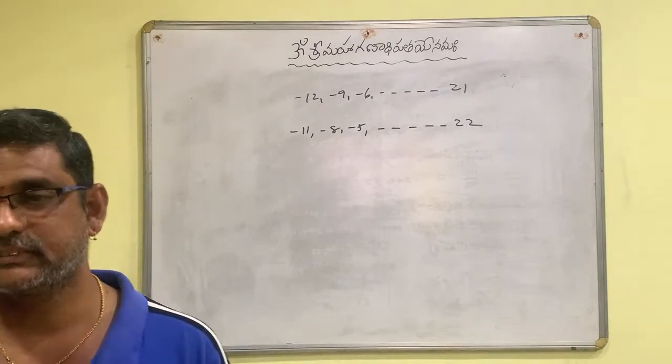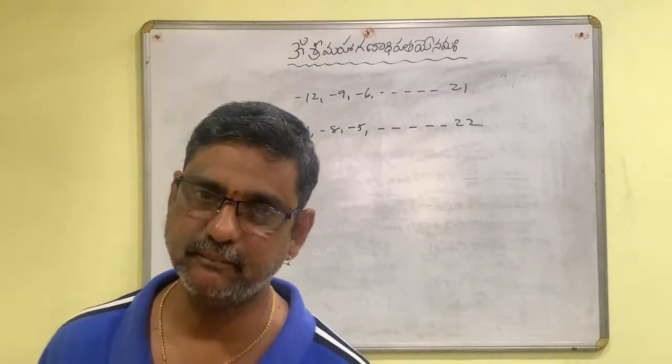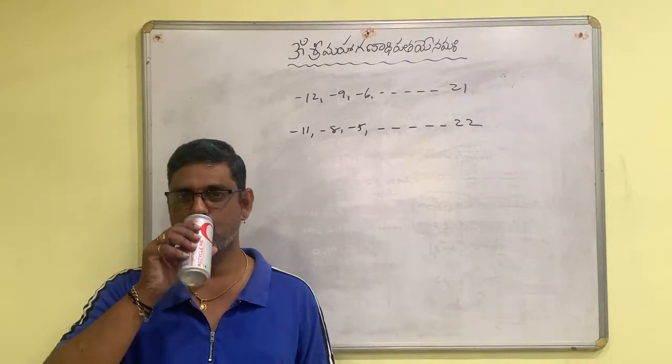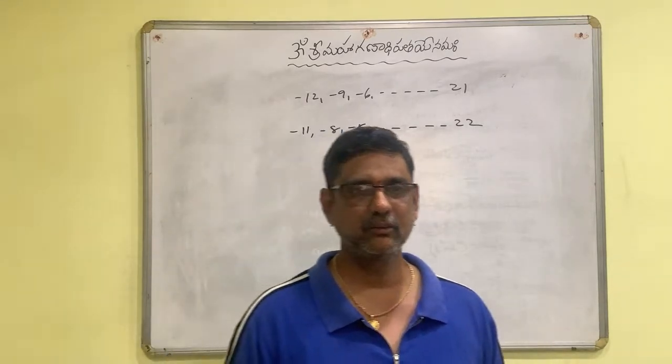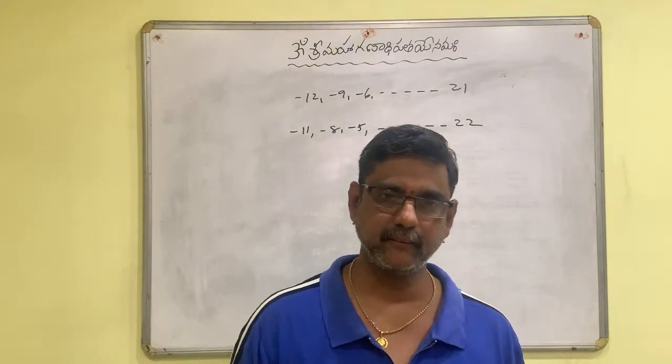You have N is 10. You have to say N is 10. So I want A. How much did he save in the first month?